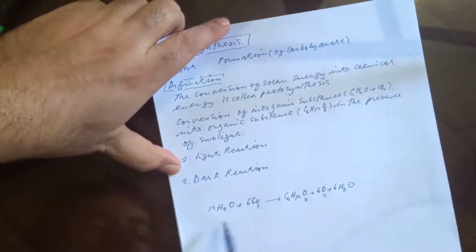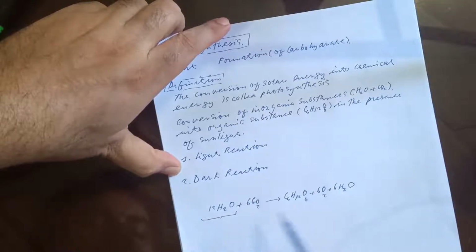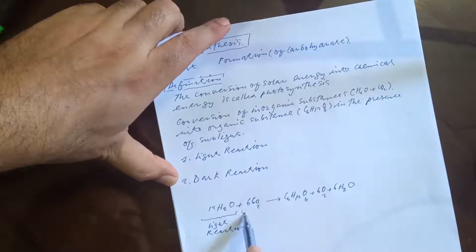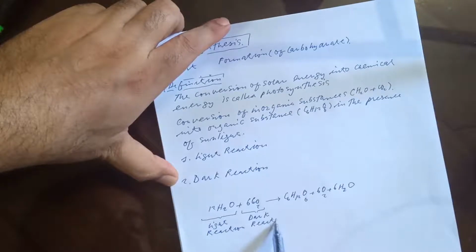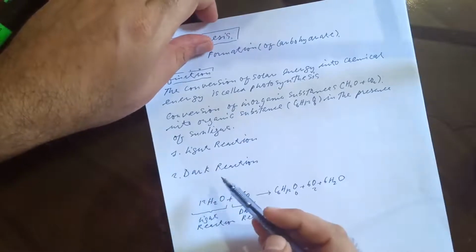So what you can see is that this raw material is used in light reaction, and this one here is used in dark reaction. So the sites are also different for light reaction and dark reaction.